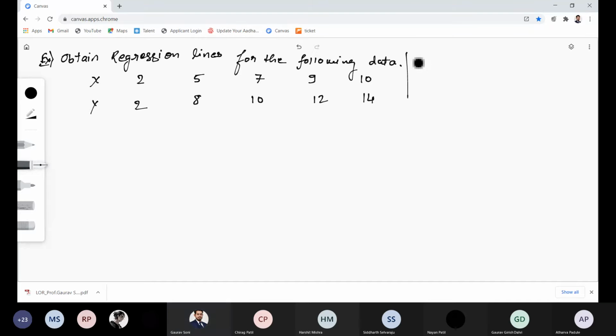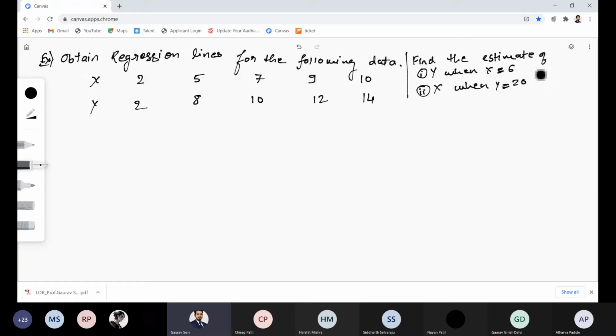Find the estimate of the first one, y when x is equal to 6, and x when y is equal to 20. So for the first, we have to estimate y when x is 6.